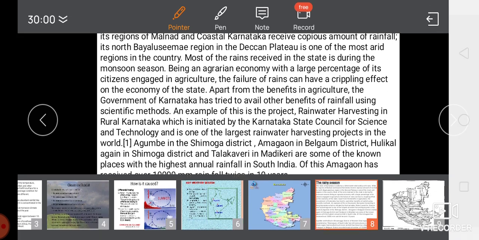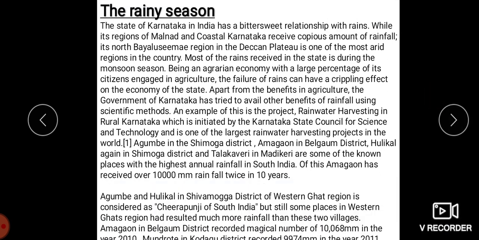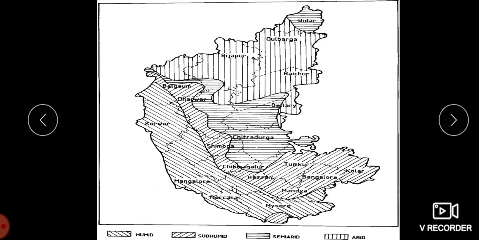Why is it called the southwest monsoon season here? Because the Western Ghats check the moisture-laden winds blowing from the Arabian Sea, resulting in heavy rain.